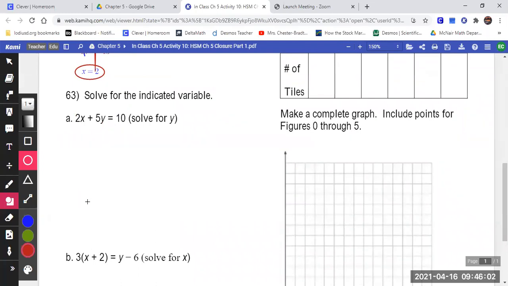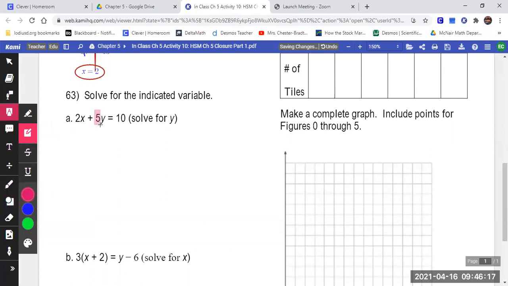Get the y by itself. Okay. So we need that y by itself. So I'm going to highlight the y because he's our target. We need to get the y all by itself.